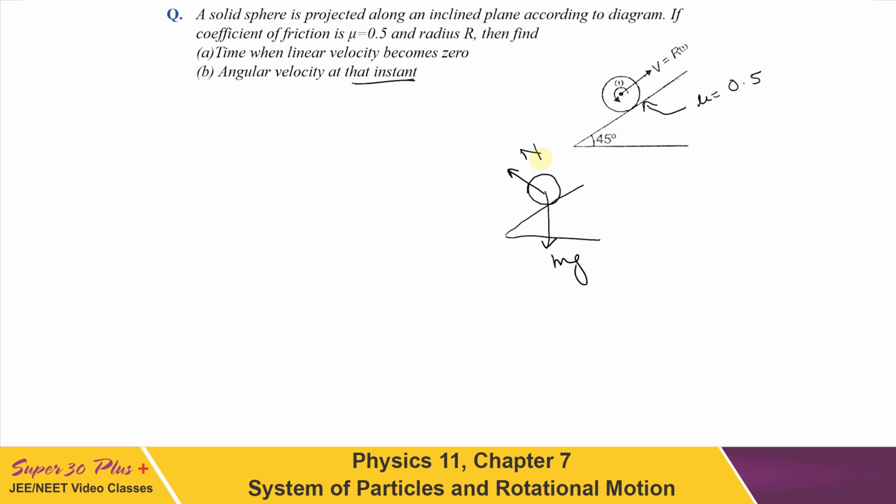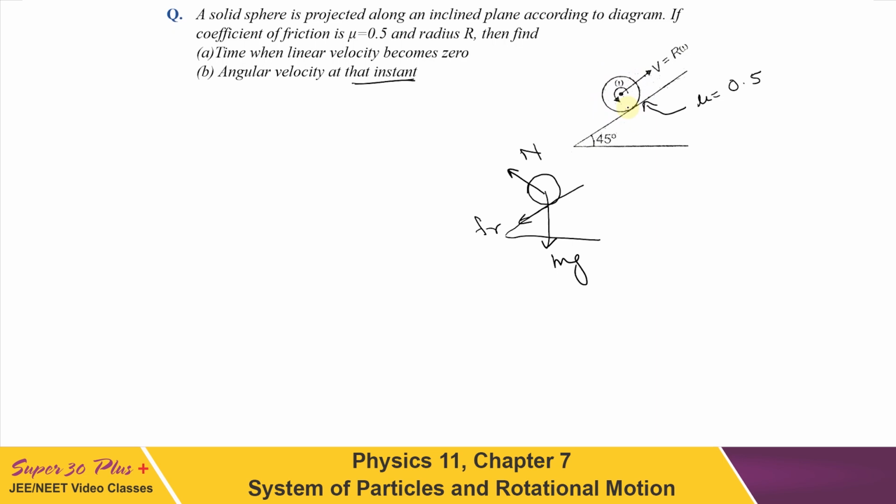Now, since the velocity of the lowermost point is in the forward direction, friction has to act in the backward direction. So I write friction to be in the backward direction, which is obvious from the kind of rolling shown here. This is anti-clockwise. So if you see at this contact point, the contact point will move towards right.